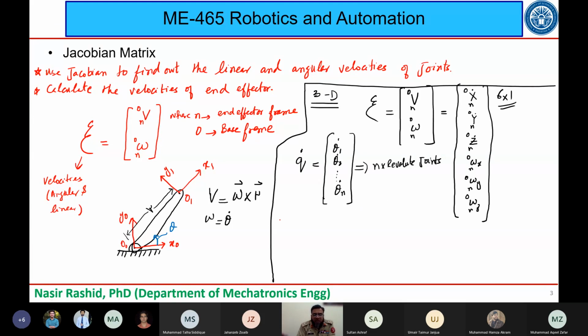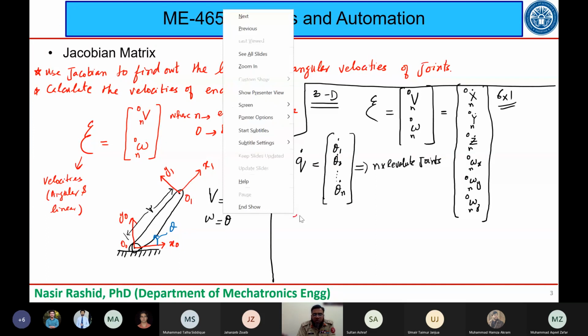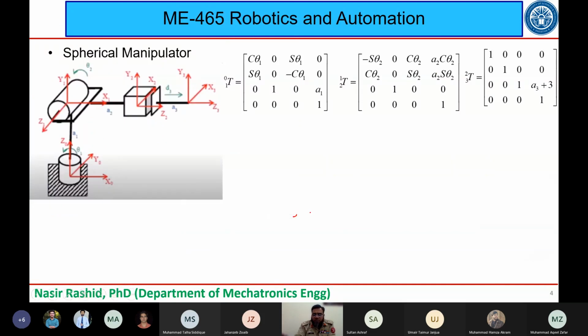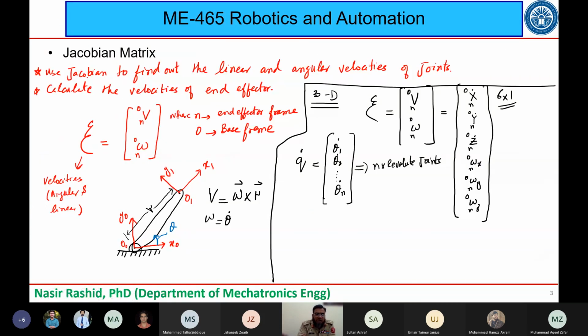Now I'm introducing one more thing here. Let's see, if we have a three joint manipulator whose third joint is prismatic, this will be an RRP manipulator.